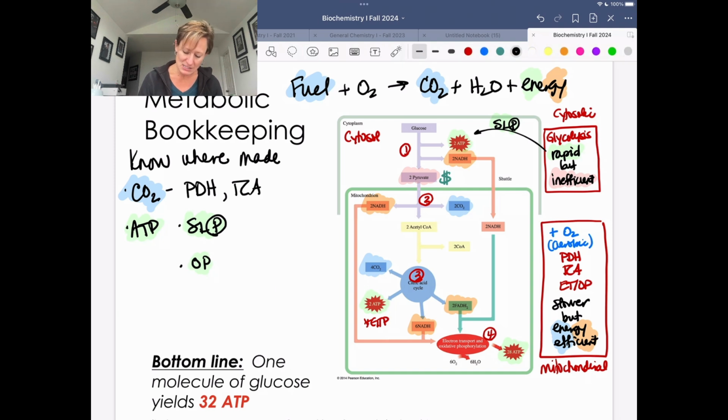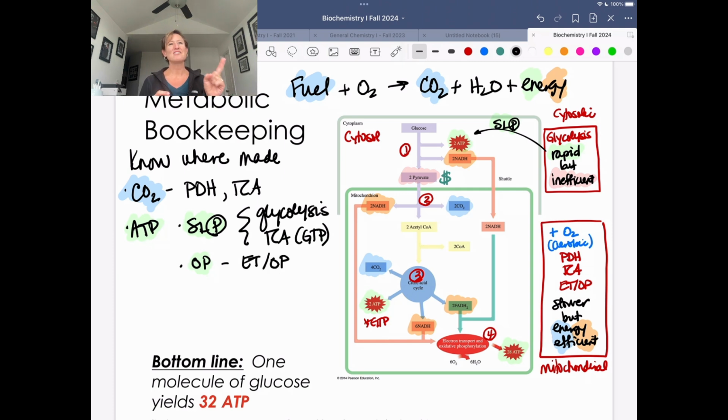Now, we're going to see lots of instances of substrate level phosphorylation next semester, but right now we know that that happens with glycolysis and that happens with the citric acid cycle, specifically when we're making GTP. Oxidative phosphorylation is part of that electron transport oxidative phosphorylation process. So that's where we're going to make ATP.